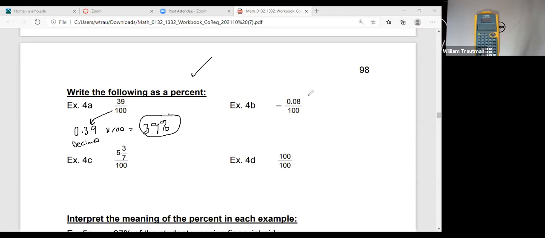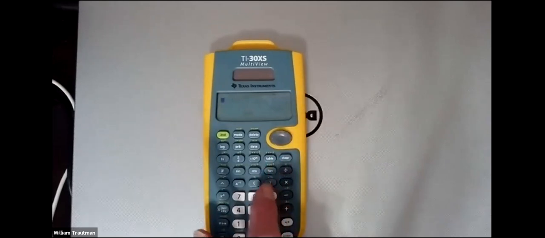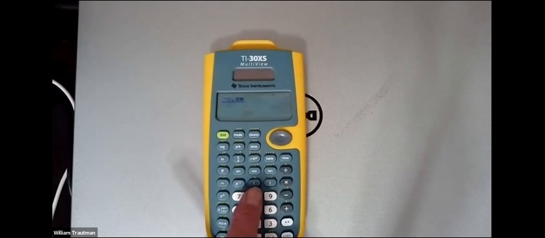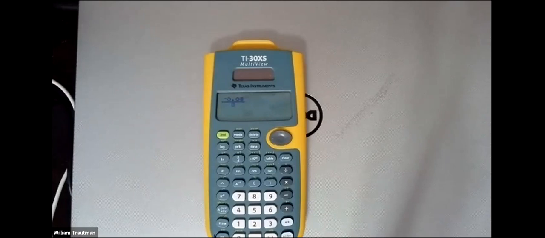So let's do the same thing for this one. Here's the fraction. We put this in our calculator. So this is negative 0.08. So it's going to be a small number. First, I'm going to put a fraction. Negative 0.08 divided by, I have no idea, was it 100? Let me go look real quick. By 100, yes.